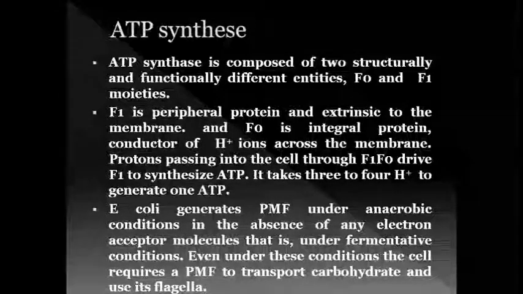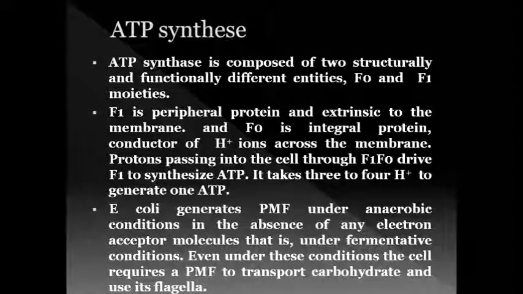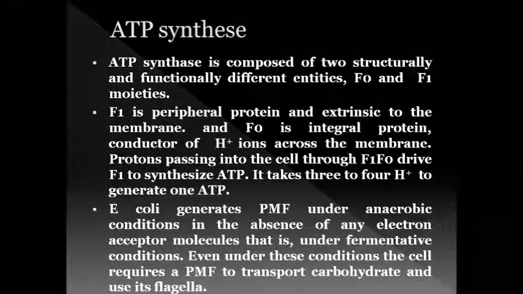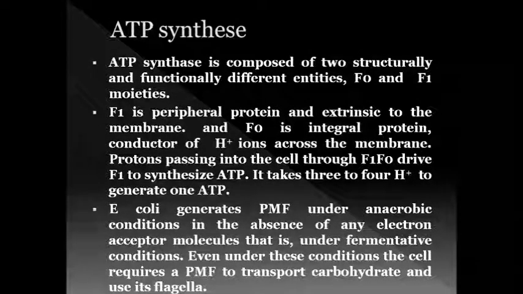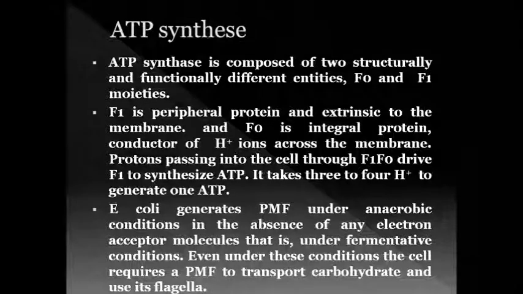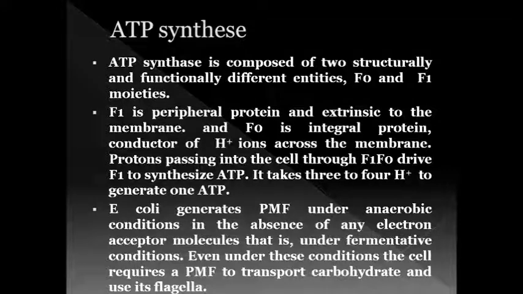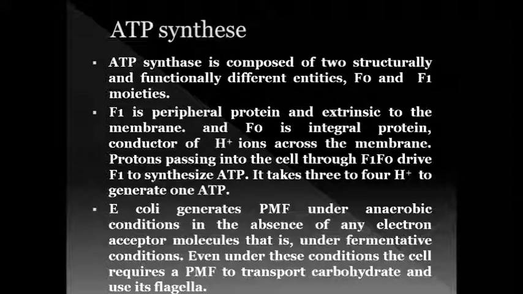The F0 pore moiety contains 3 subunits A, B and C. The F1 moiety is a hexamer having the interfaces between alpha and beta subunits with 3 nucleotide binding catalytic sites where ADP is converted to ATP.